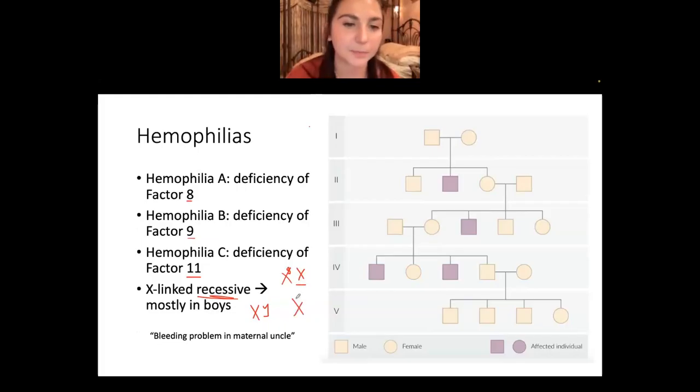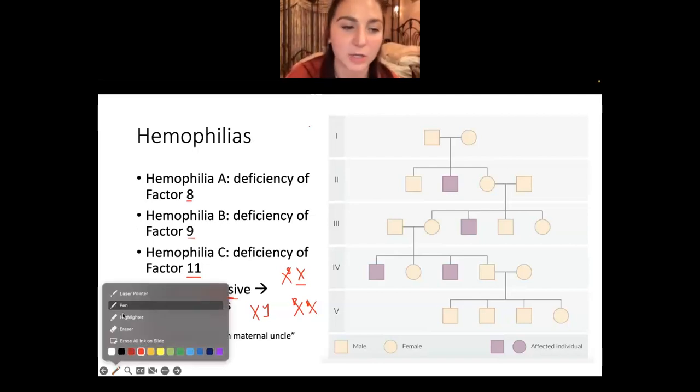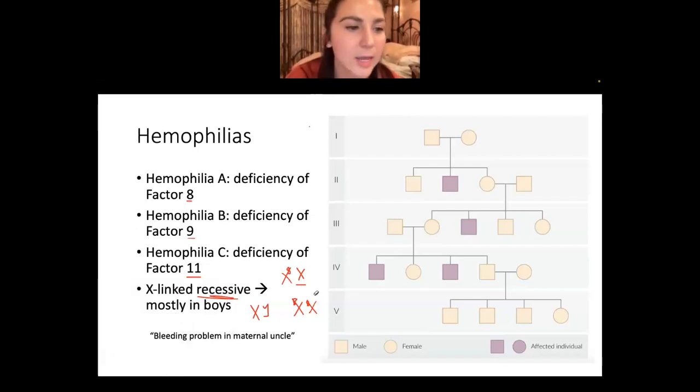It doesn't present. You need both X chromosomes to have the deficiency to get it, and it's really not common at all in girls. I would even venture to say, especially for boards, you're not going to see it. I'm not going to say nothing's impossible, but you're usually not going to see it. Usually you're only going to get one bad copy from either mom or dad, because one comes from mom, one comes from dad.